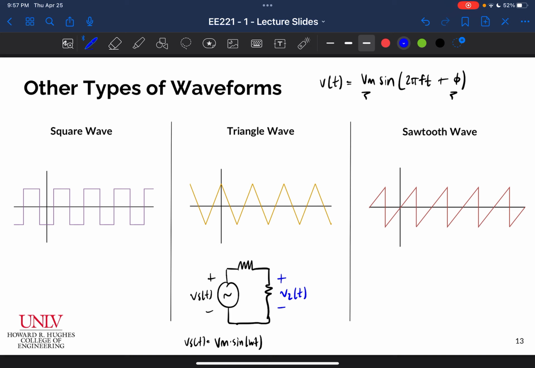The sine of omega t is going to be all the same, but what is going to change is the amplitude, we'll call this Vm2, and the phase. Those are the two things that are going to change.